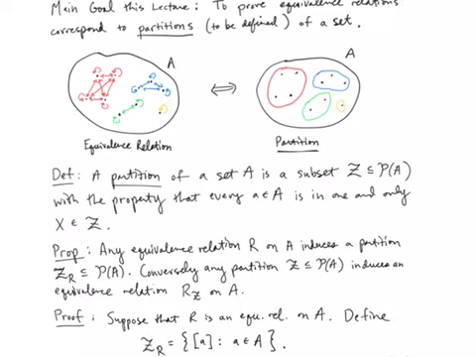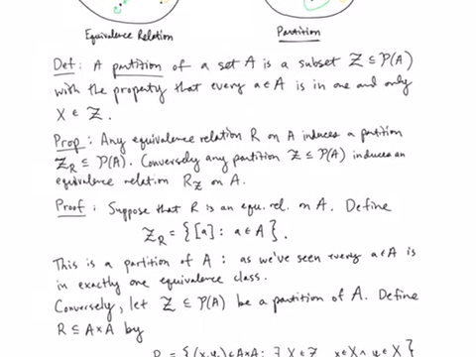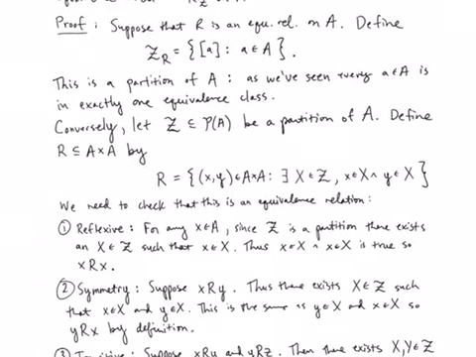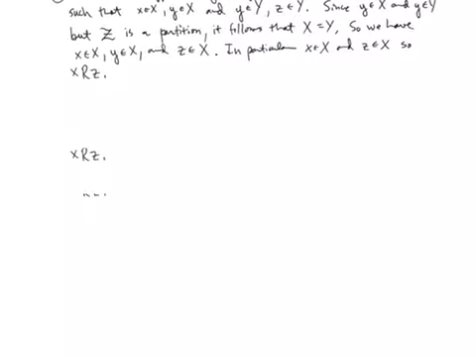I do want to go over another example of dealing with equivalence relations and equivalence classes. So here you have one last example. I want to think about the rational numbers.